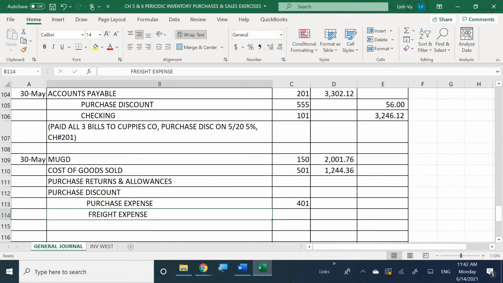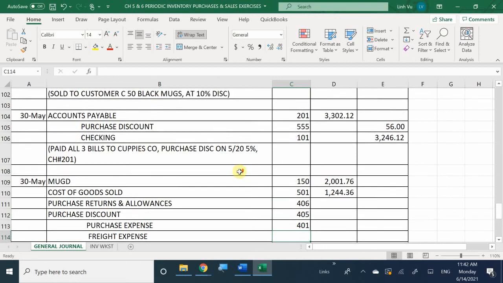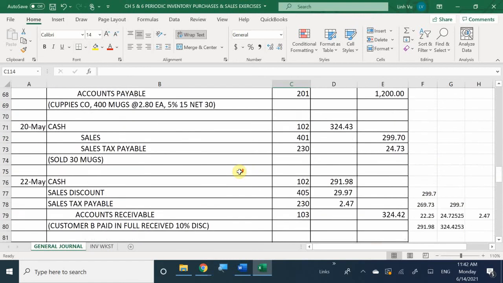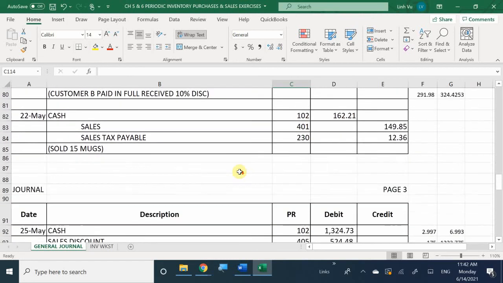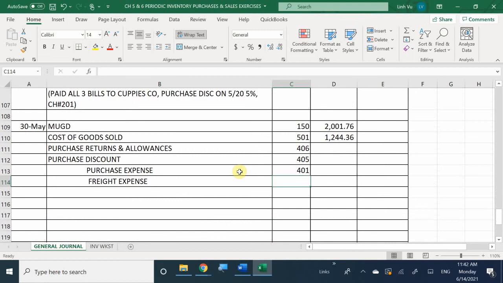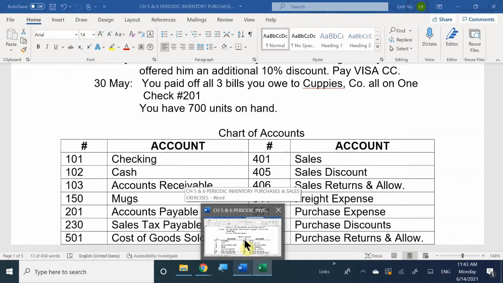Okay, good. So purchase returns and allowances, I believe that's 406 and 405. And what was my freight expense account? 511. That's cost of goods sold. Let's see. 511. Yeah, 511.